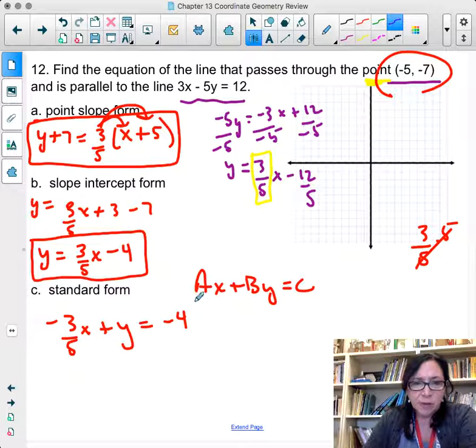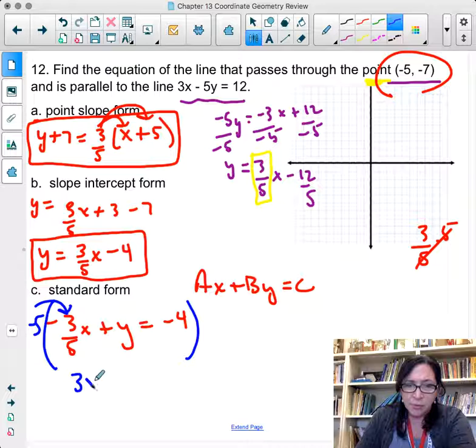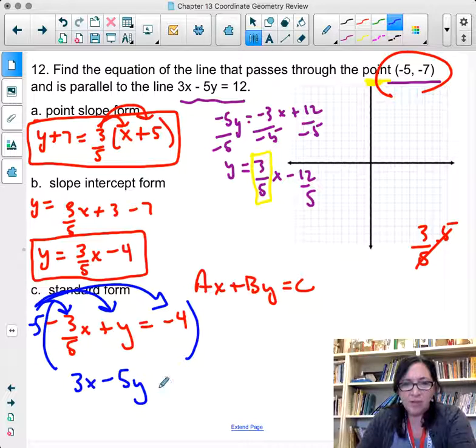So we're going to multiply this entire equation by negative 5. And when I do that, the 5's are going to cancel, my negatives are going to cancel, and I'm going to get 3x. Negative 5 times y is negative 5y. And negative 5 times negative 4 is positive 20.